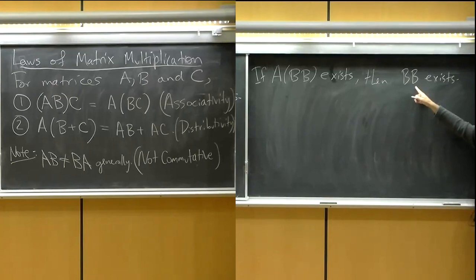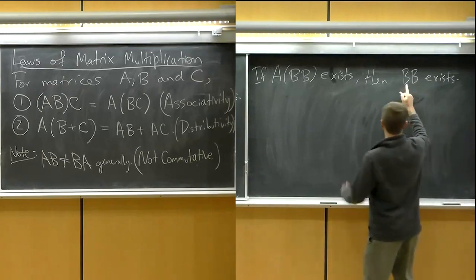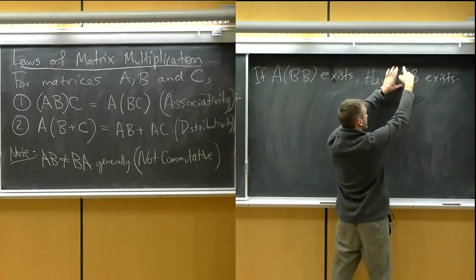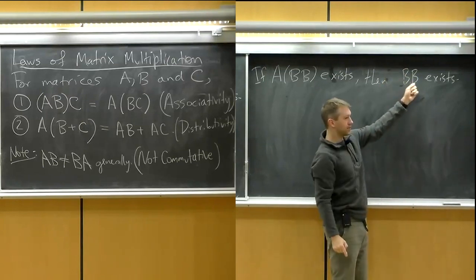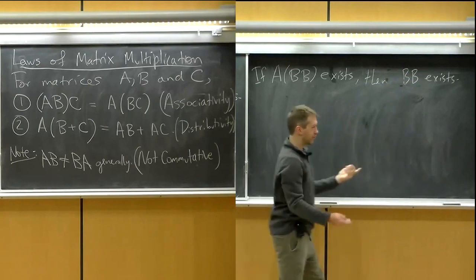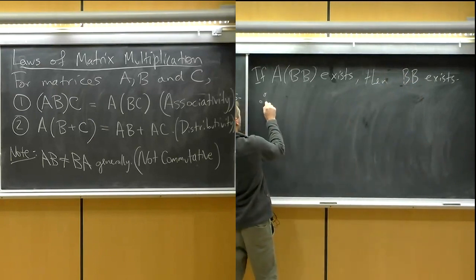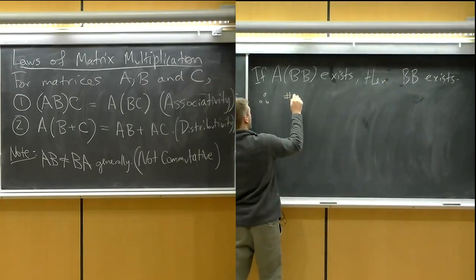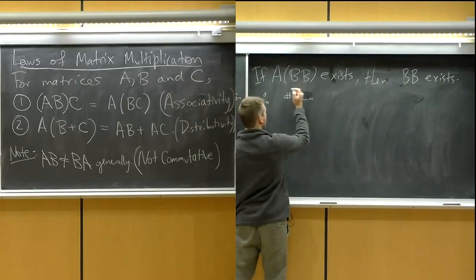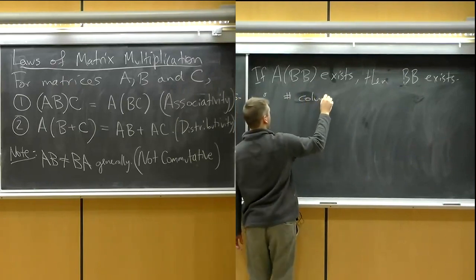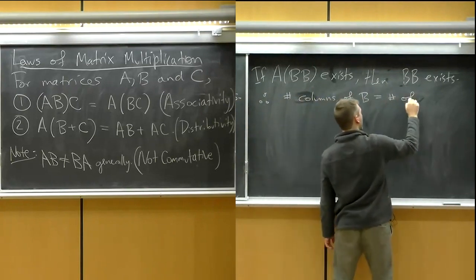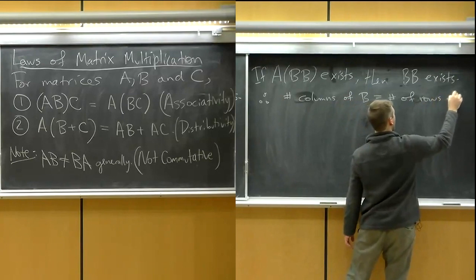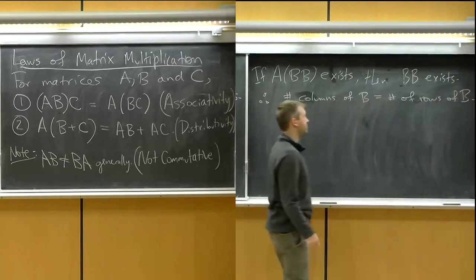They have to be the same. Because the number of columns in the first matrix must equal the number of rows in the second. But both of these are the same matrix, so the number of columns of B equals the number of rows of B.